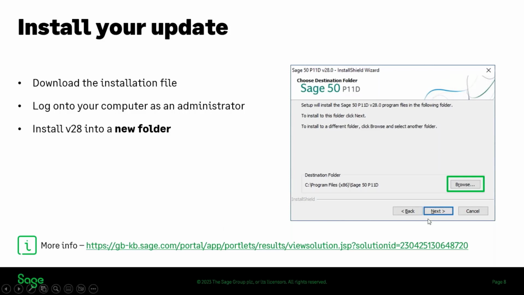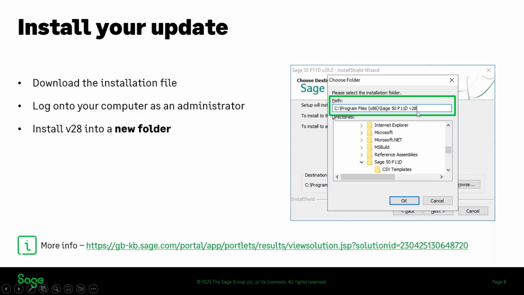What you can then do is click on this browse button, and then click into the path just up here, and we would recommend that you add V28 to the end of the folder name. And then when you click OK, that will change your destination path, and that will then install into a separate directory.